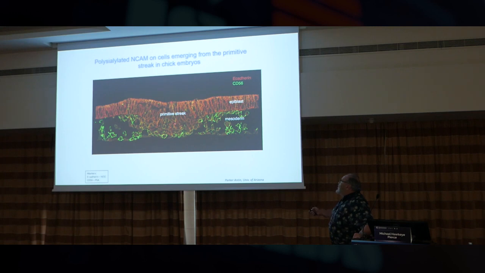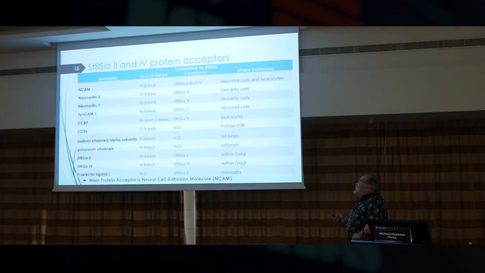So as these cells migrate down through the primitive streak and out again, you can see they turn on polysialic acid on NCAM, and they lose some of the red stain, which is the ectodermal stain, the E-cadherin. So this regulation occurs in vivo as well.